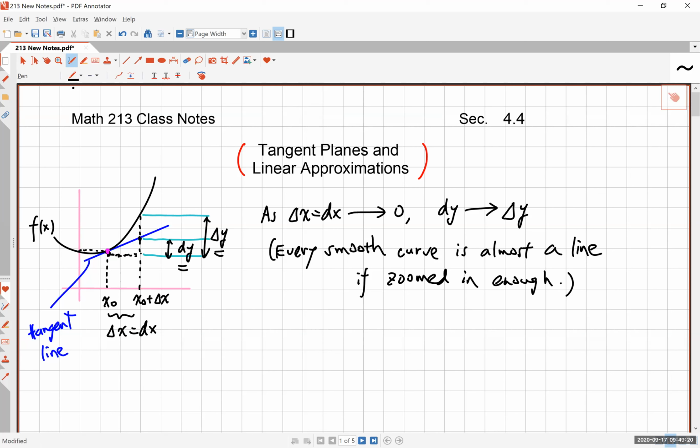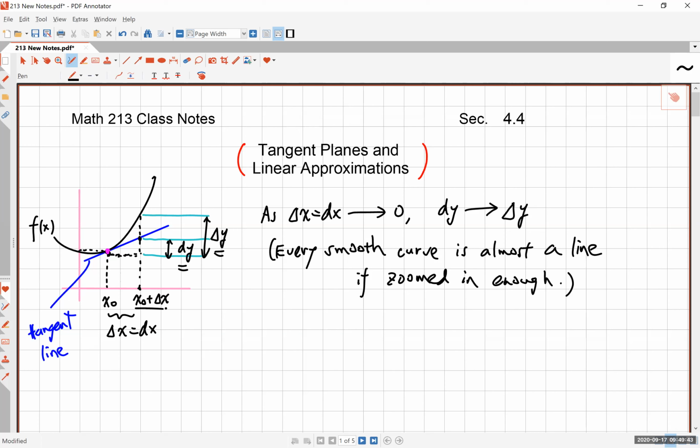The reason we do this is because sometimes we don't have a nice equation for f of x. Now you wonder, if you have to approximate f at the point x naught plus delta x, why don't you just plug in the number? Well, if you can, that's great. If you have the equation for f of x, which you normally do for any exercise in a calculus class.